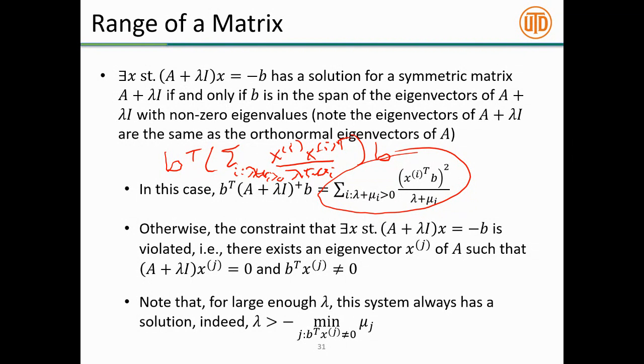If it does, then the solution of the optimization problem will be degenerate, right? We can make things as small or as large as we want. In fact, we can see this from this formula: as lambda plus mu i gets close to 0, the ith term in this sum approaches infinity.